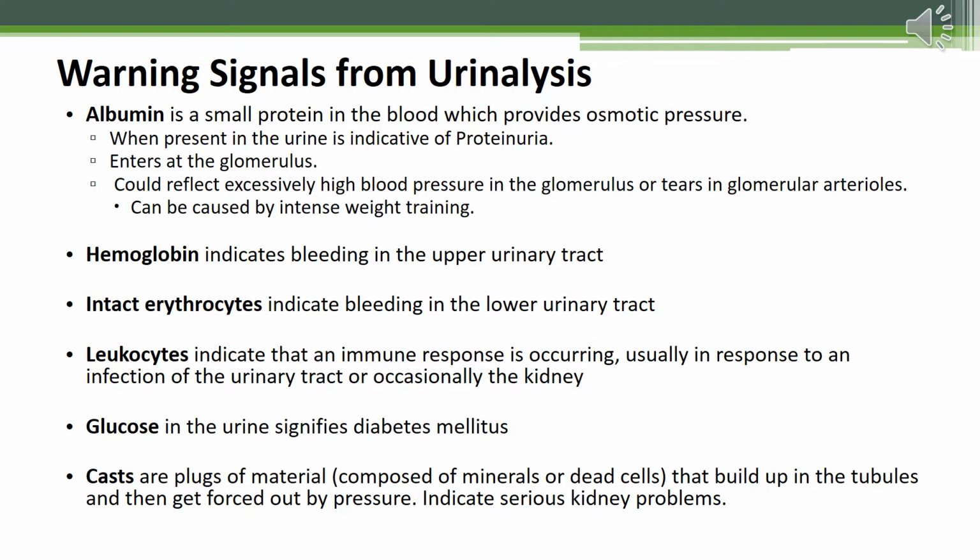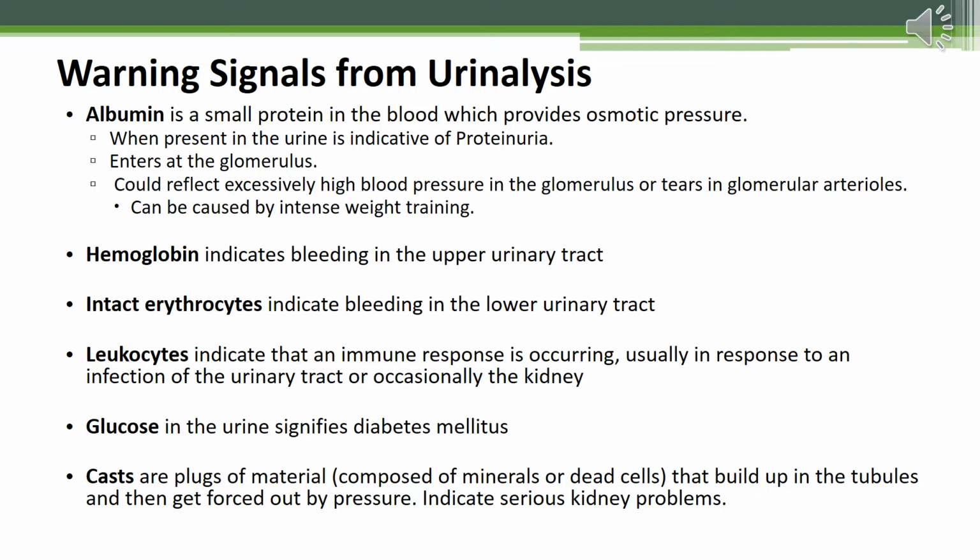Intact leukocytes indicate that an immune system response is occurring, usually in response to an infection of the urinary tract or possibly a kidney infection. Glucose in the urine, and we've talked about this earlier, signifies diabetes mellitus, or just diabetes.